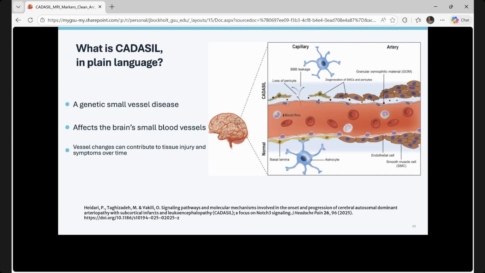So collectively, all of this together is what we would call disease burden, and they don't all mean the same thing. I really want to stress that. MRI is effectively a window into visualizing and seeing all of this together as disease burden.